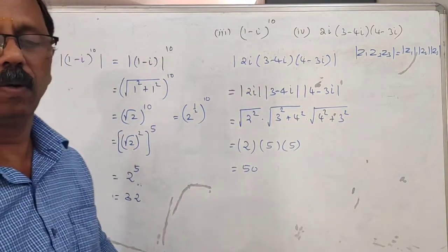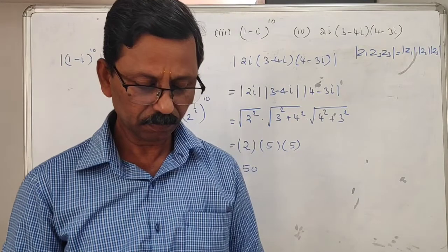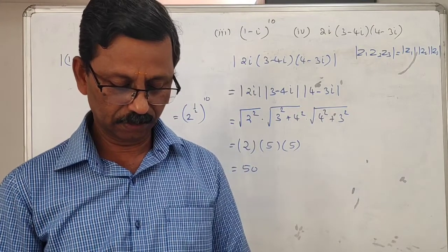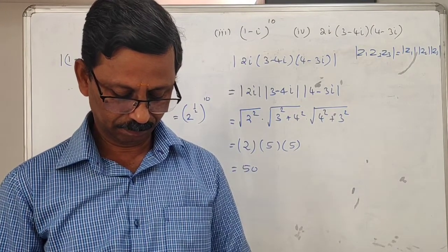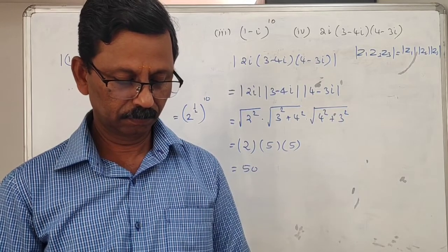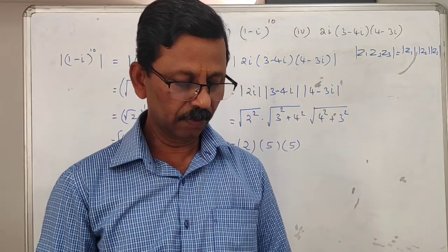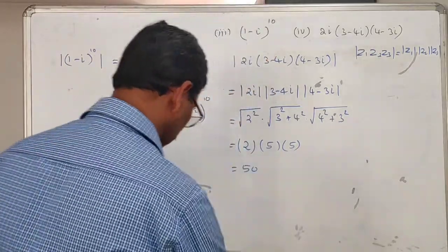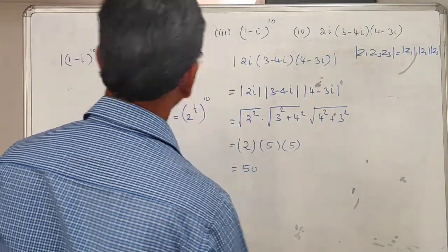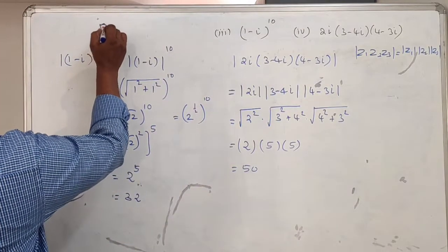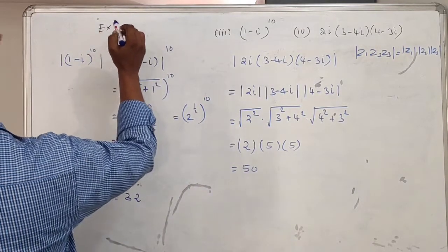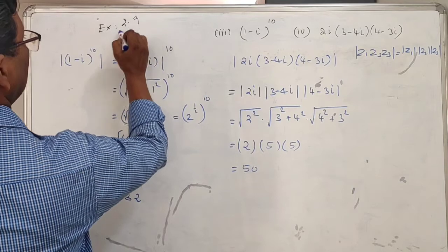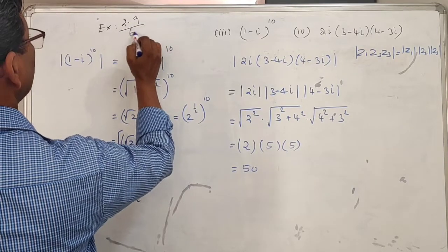Likewise we have an example sum, example 2.9, given at page number 68.